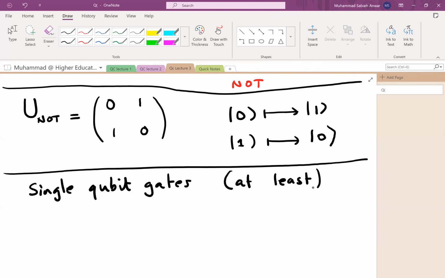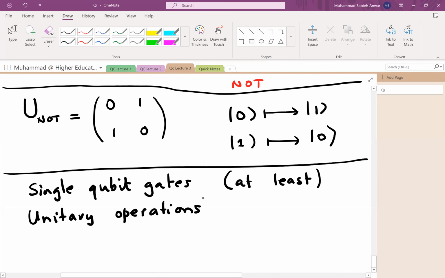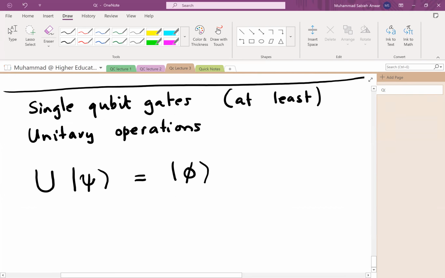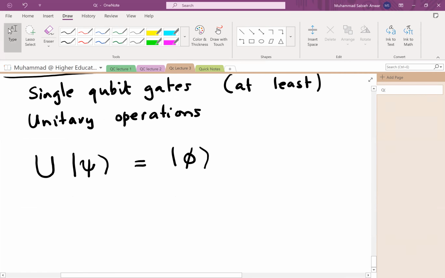And why are these gates called unitary operations? They're called unitary operations for a special reason: if I take a quantum state ket psi and a unitary gate acts on it and produces a state ket phi, then a unitary operation is defined as an operation that preserves the norm.